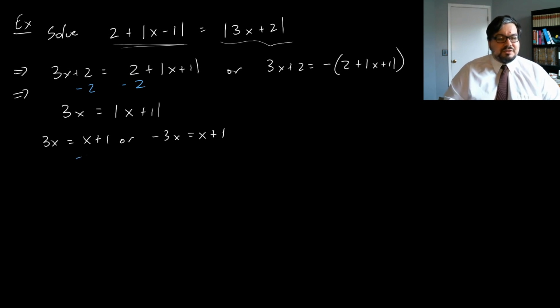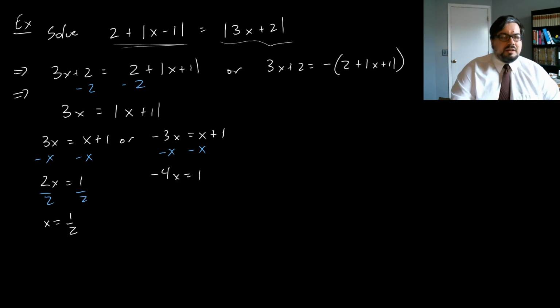So solving each of these, subtracting x, we get 2x equals 1. Then dividing by 2, we get x equals 1/2. Over here, we'll subtract x from both sides, get negative 4x equals 1.